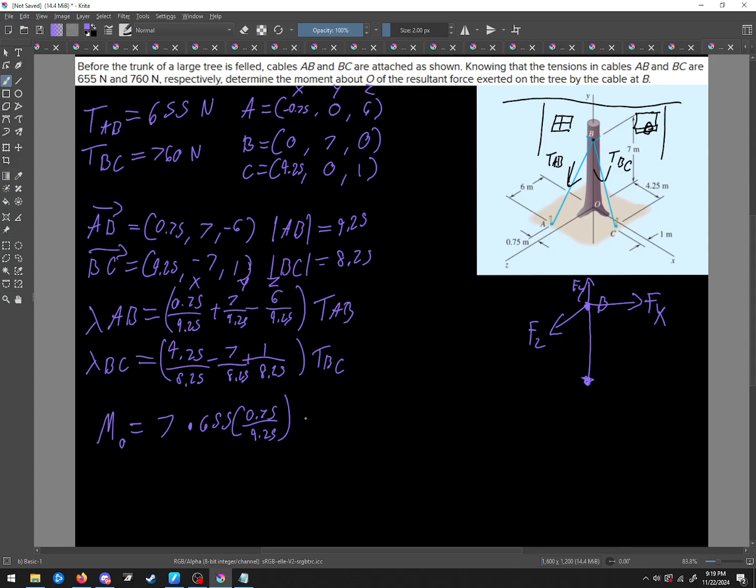And now we're going to have minus 7 times, and this one's going to be 760 times 4.25 over 8.25 TBC, and that's the force. So this should give us our I hats.